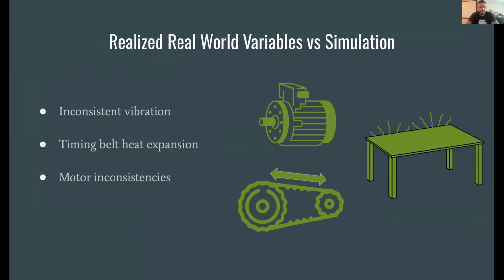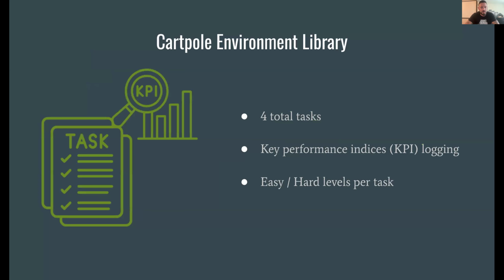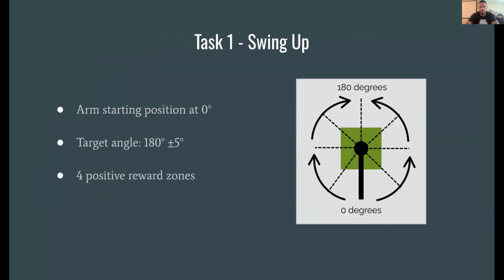Our timing belt actually began to loosen over time due to some different circumstances with heat and some of the materials that we were using. But when we finally got it built, we have these 4 levels of tasks that we're doing here, and we have some KPIs built in and easy and hard levels per the task.